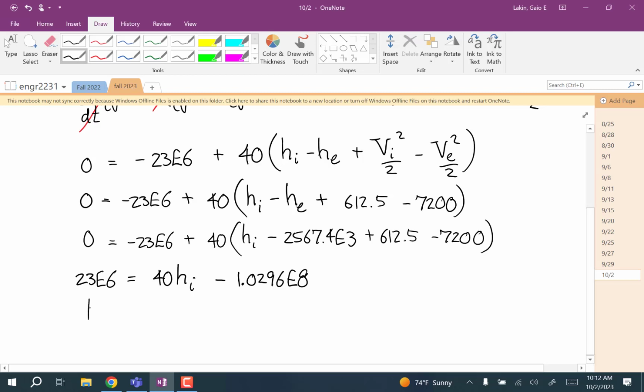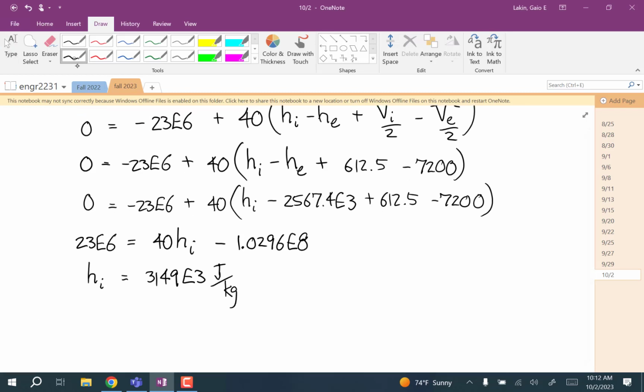Okay, so what we get from that is that at the inlet, the specific enthalpy is 3149 times 10 to the third. And this is in joules per kilogram.